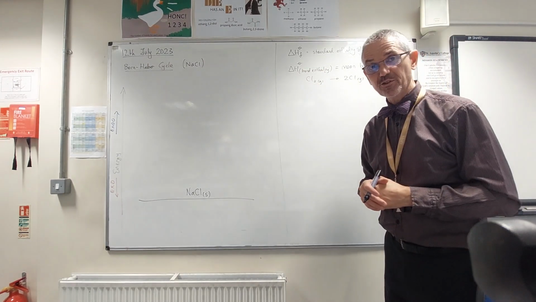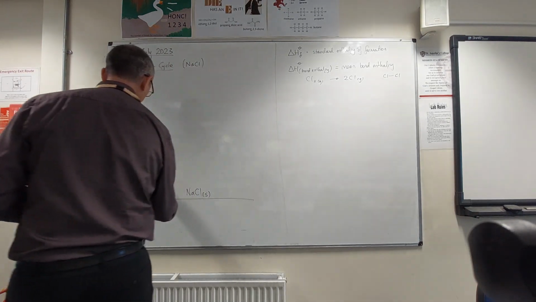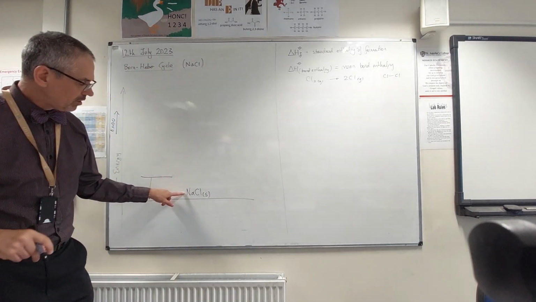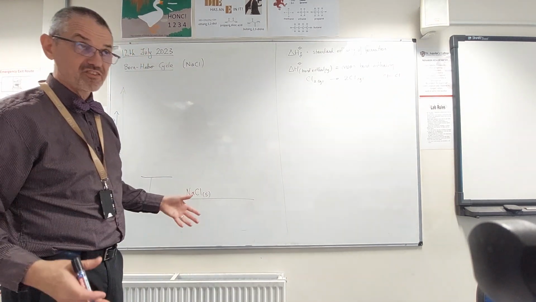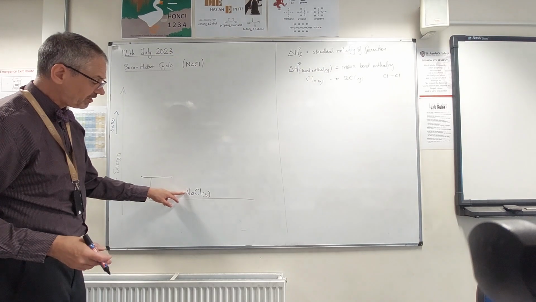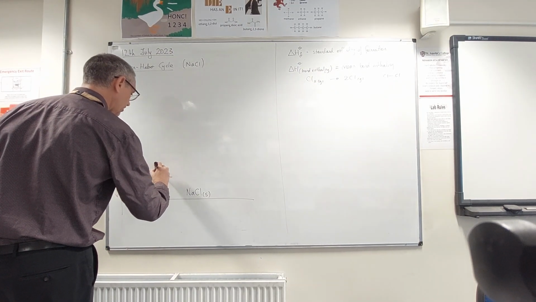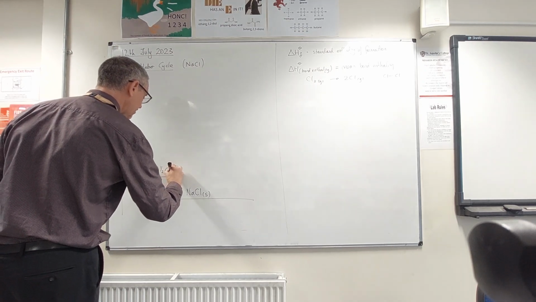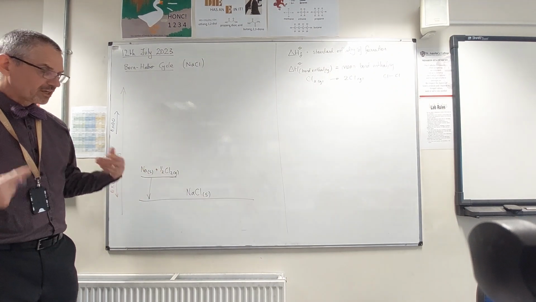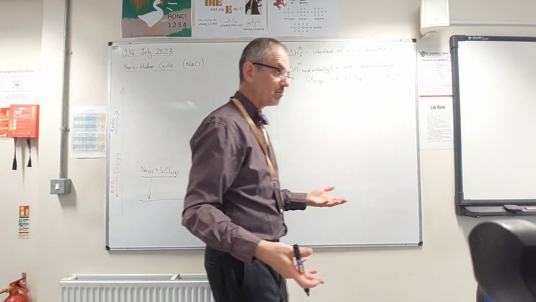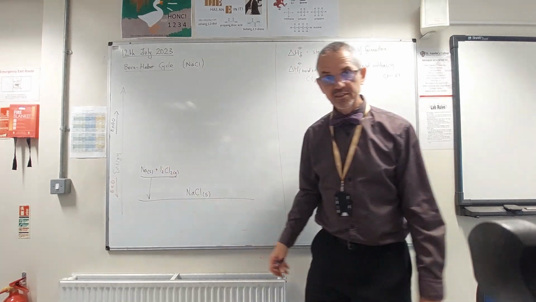We know the standard enthalpy of formation, which is the enthalpy change when 1 mole of substance is formed from the elements, everything in its standard state. So what's sodium chloride formed from? Well, it's formed from sodium, which is a solid at room temperature, and chlorine, which is a gas at room temperature. Now, I only need 1 chlorine, but chlorine comes in pairs, diatomic molecules, Cl2. So I have to say half a Cl2 there.